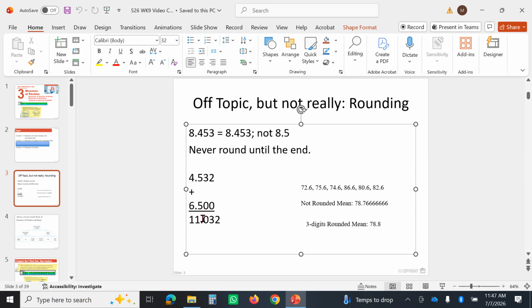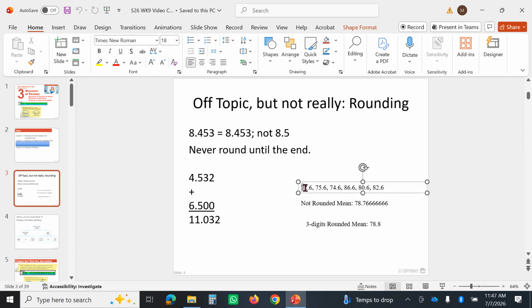You just don't round. Here I've got 72.6, 75.6, 74.6, 86.6, 80.6, and 82.6. Not rounded, the mean is 78.7666. If you do round, you can round this to 78.8.